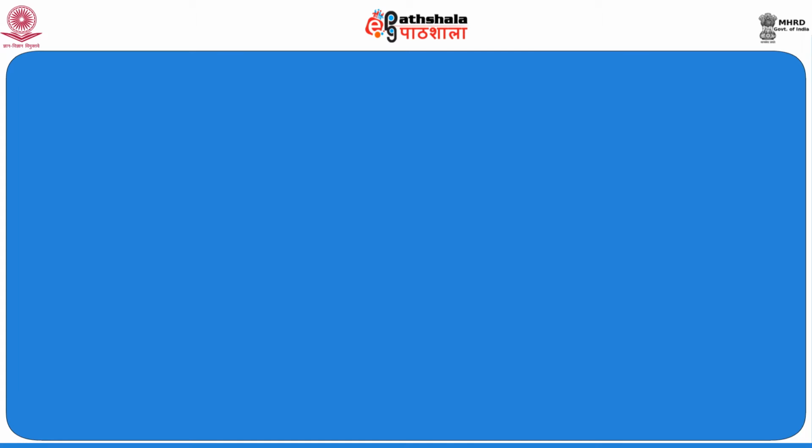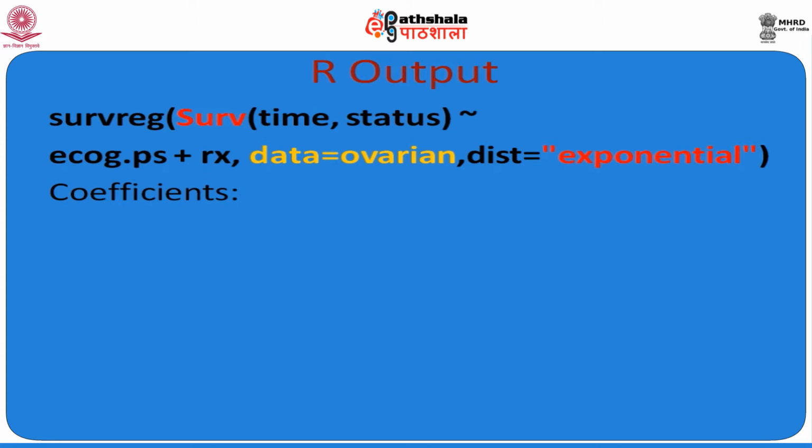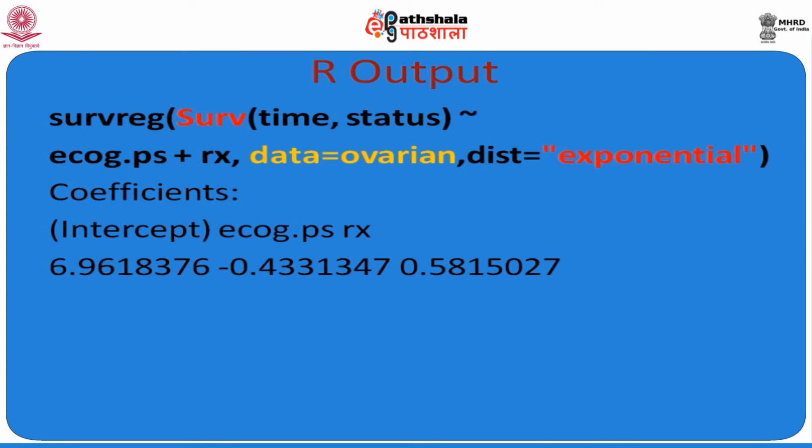Now, what has happened in the result? Let us see. The coefficients are considered for ECOG.PS and Rx, and the intercept is also there. The intercept value is 6.96, the ECOG value is minus 0.43, and the Rx value is 0.58.